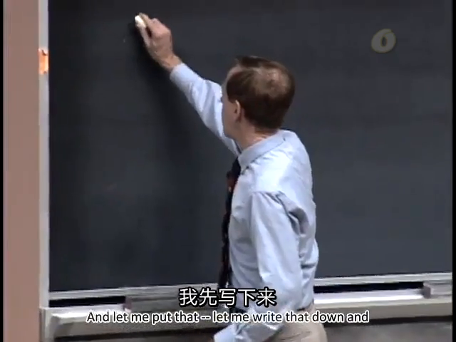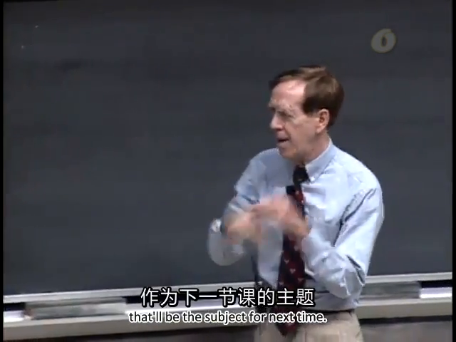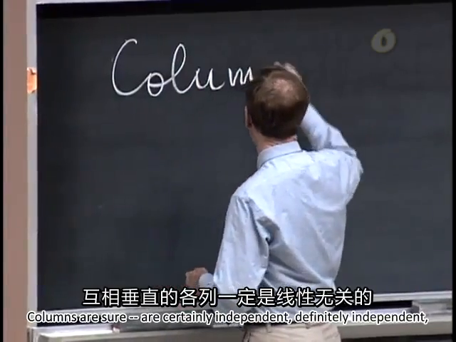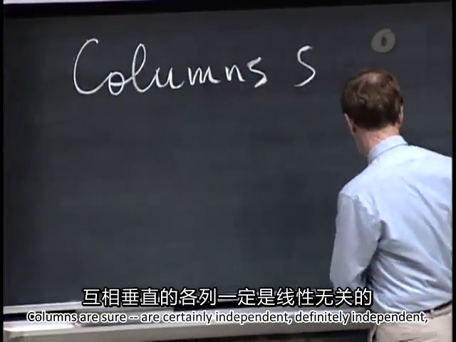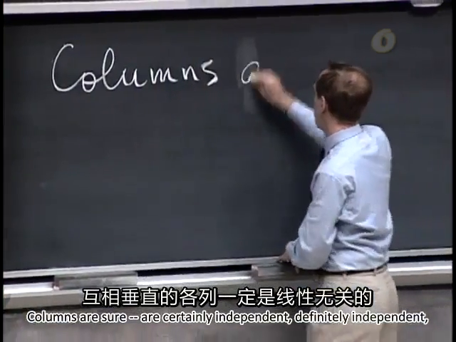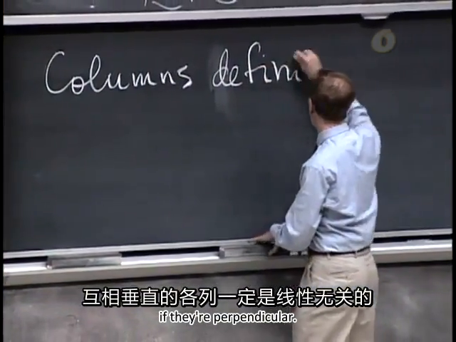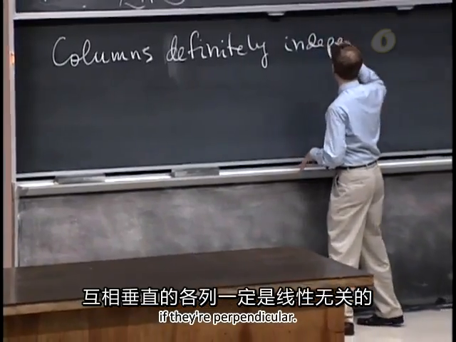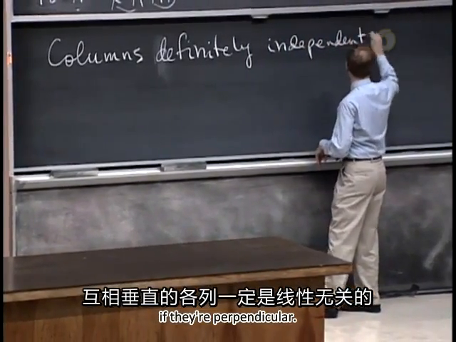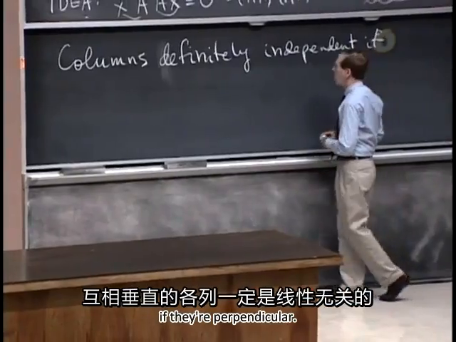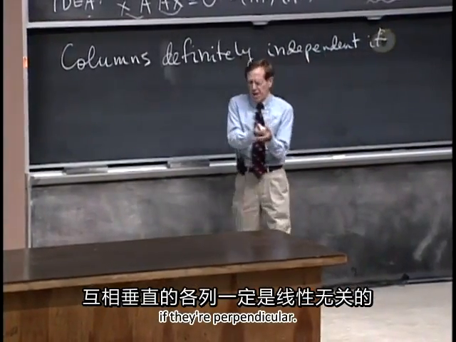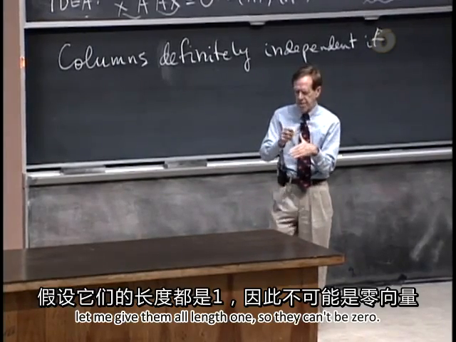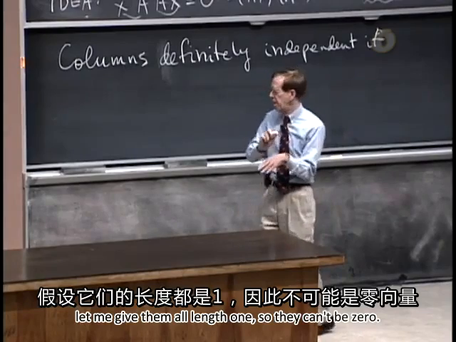And let me write that down, and that'll be the subject for next time. Columns are certainly independent, definitely independent, if they're perpendicular. Oh, I've got to rule out the 0 column. Let me give them all length 1, so they can't be 0.